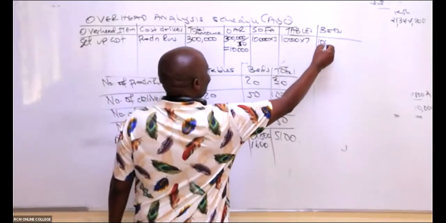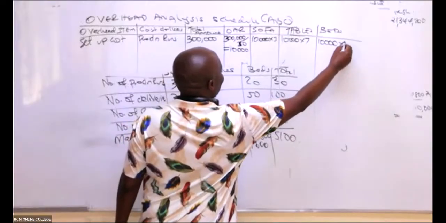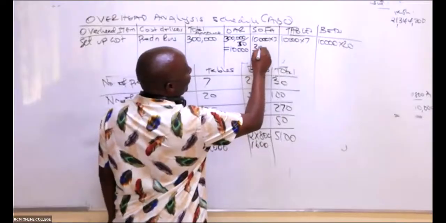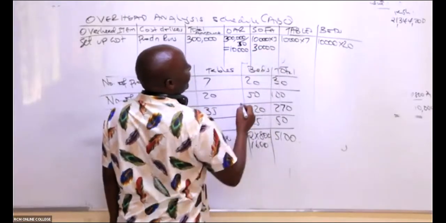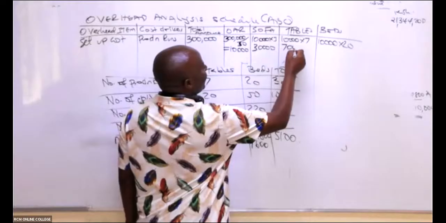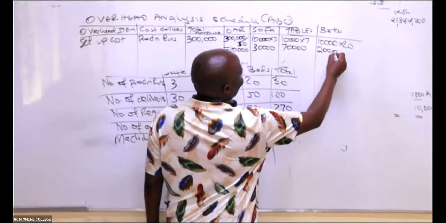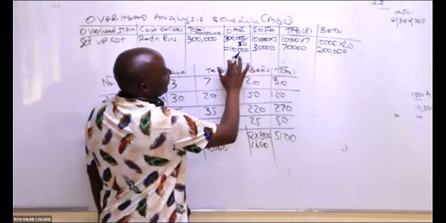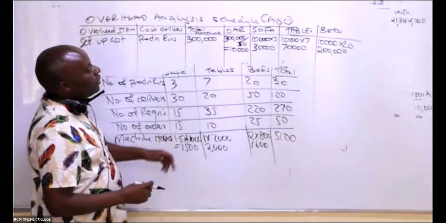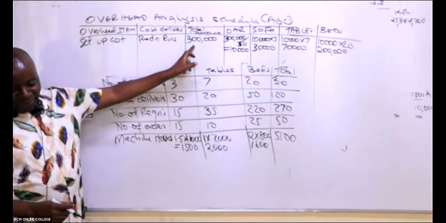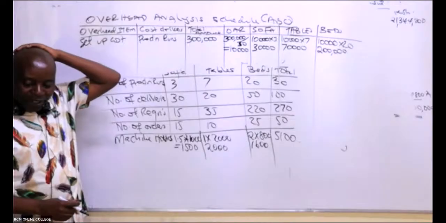This will be 10,000 times 20. So then this will be 30,000, this will be 70,000, this will be 200,000. And the three, if you add them, they must give you a total of 300,000.